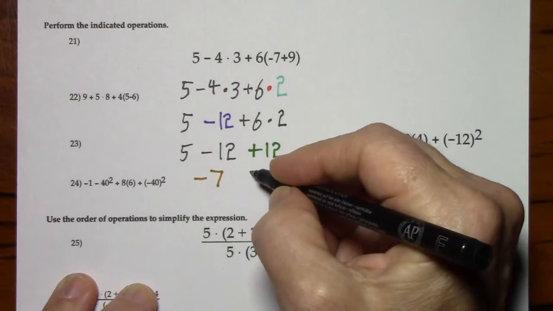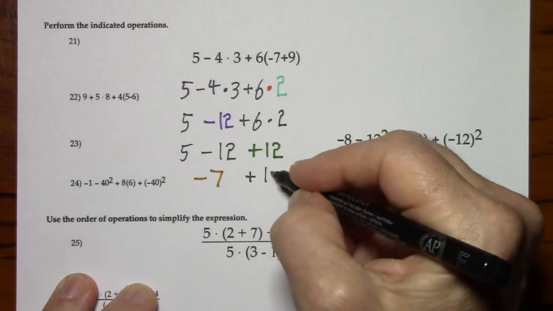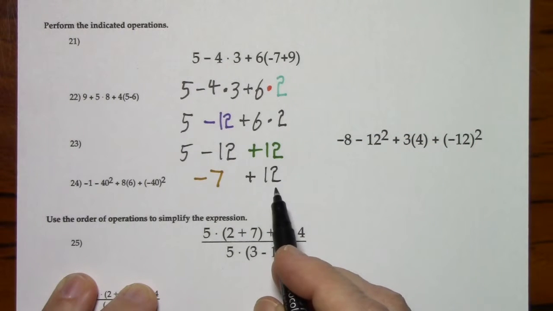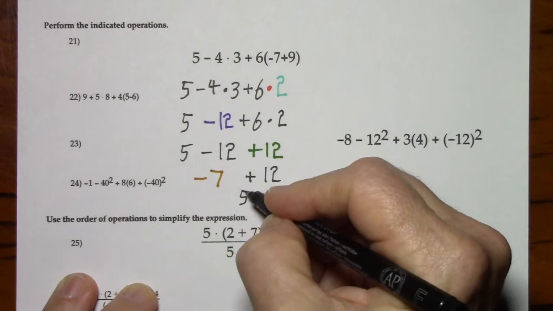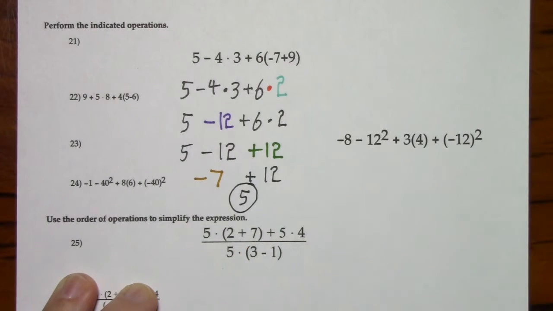I'll bring down my +12, and when I combine them, we're left with 5. The signs are different. We subtract and keep the sign of the larger.